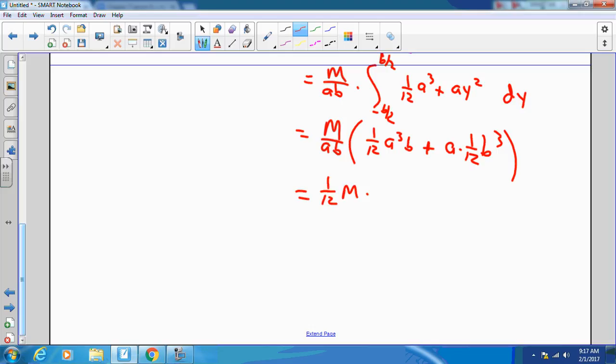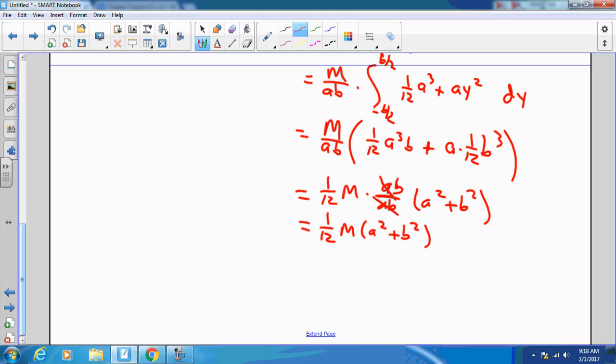And this looks really ugly, but I see that I have a common factor of 1/12. And I also have a common factor of ab right here. So that what I'm left with is an interesting and somewhat satisfying result, which is that my moment of inertia is 1/12 m times a squared plus b squared.